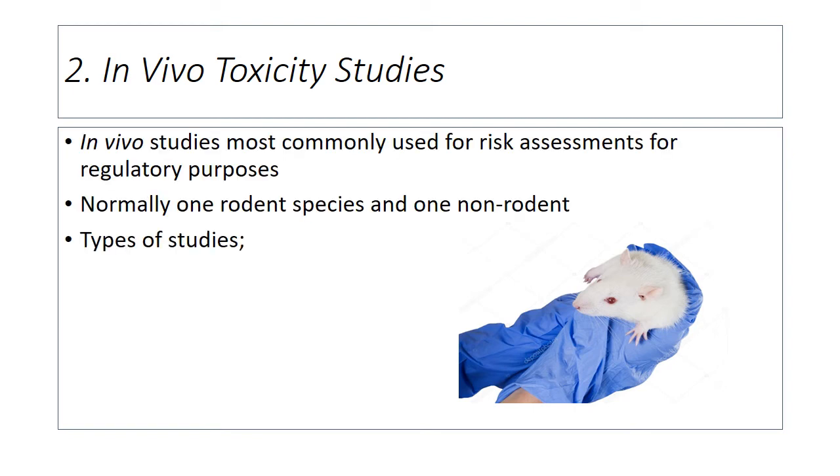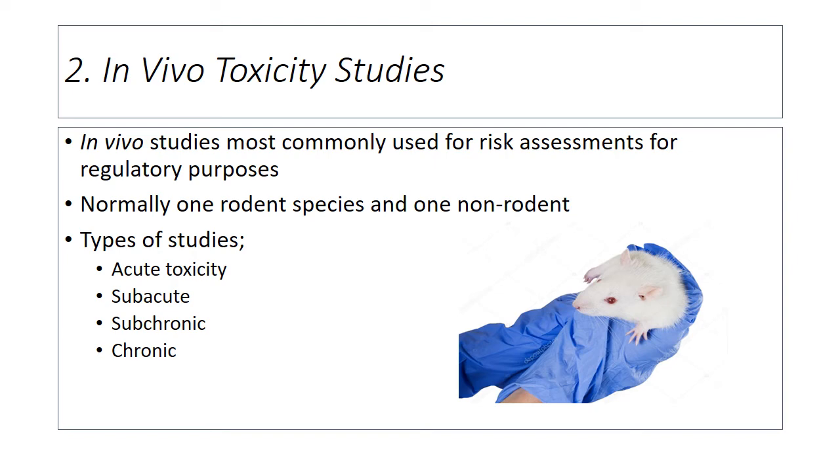And these ones are normally the ones which are most commonly used for risk assessments for regulatory purposes. And generally, for an in vivo toxicity study to be complete, you'd want to use one rodent species and one non-rodent species. And the types of studies here would be your acute toxicity studies, which are normally done within 24 hours, your subacute toxicity studies, your subchronic toxicity studies, and your chronic toxicity studies.